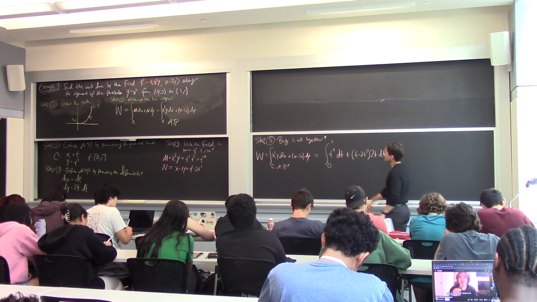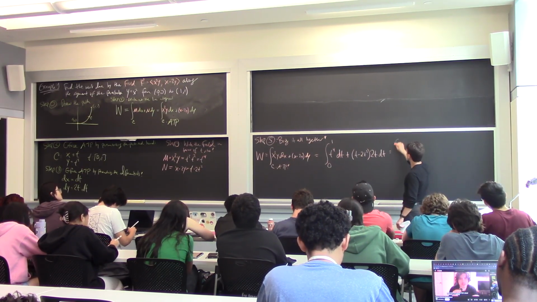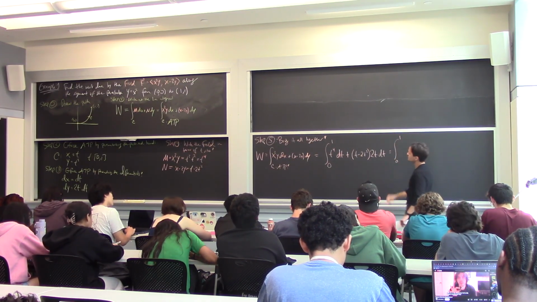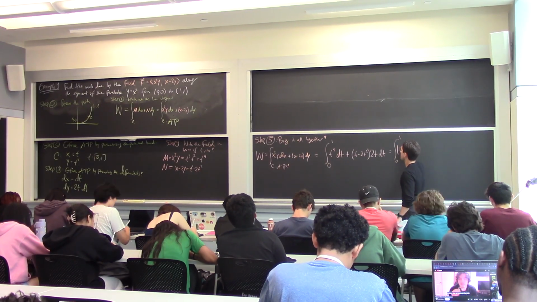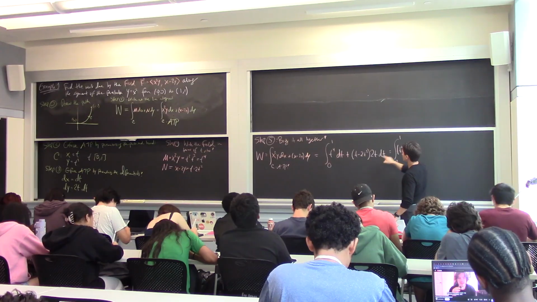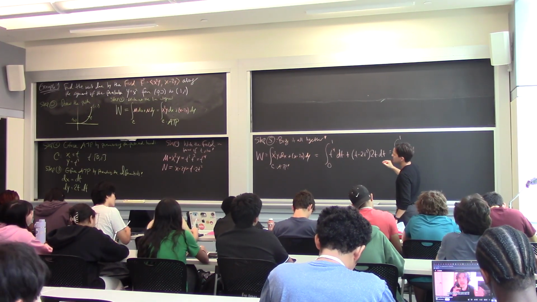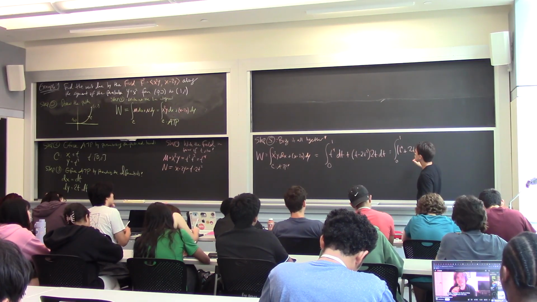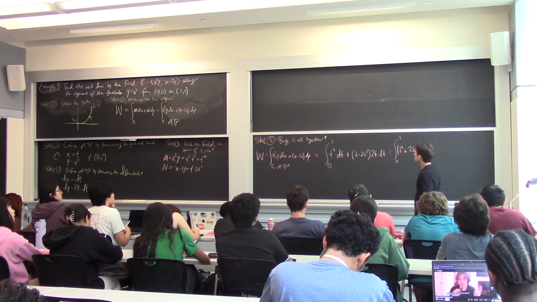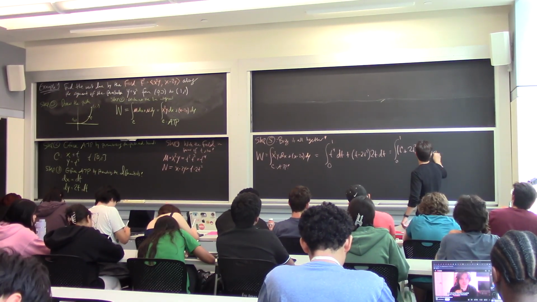All right, what's left? Got a bunch of terms with dt in them, what can I do? Yeah, combine them, so we get t to the 4th plus, distributing, 2t squared minus 4t cubed dt.